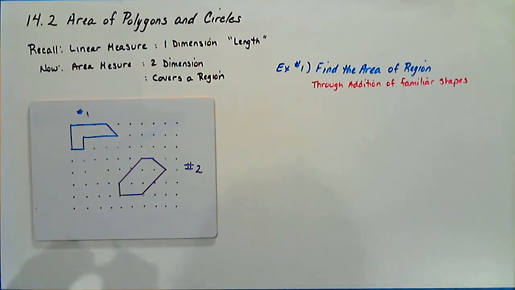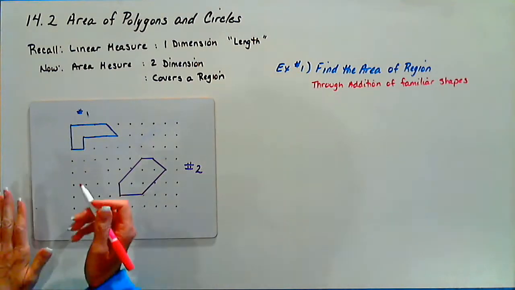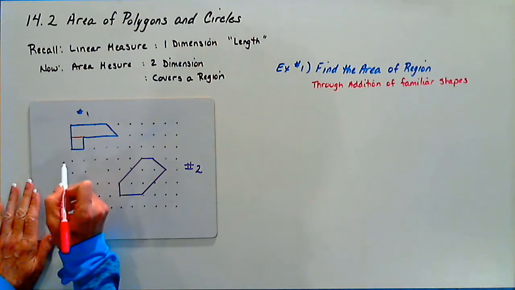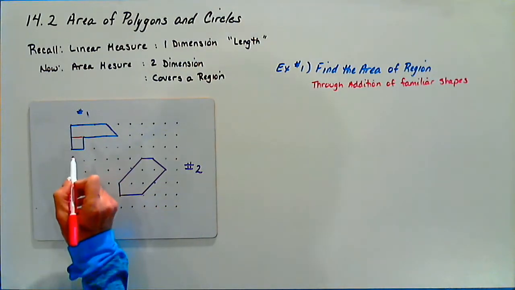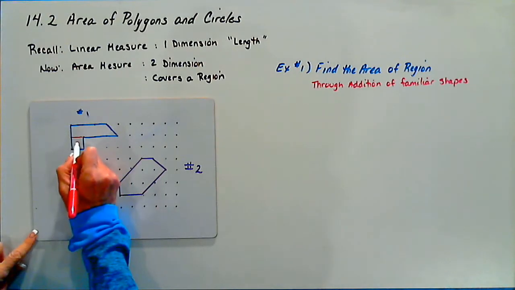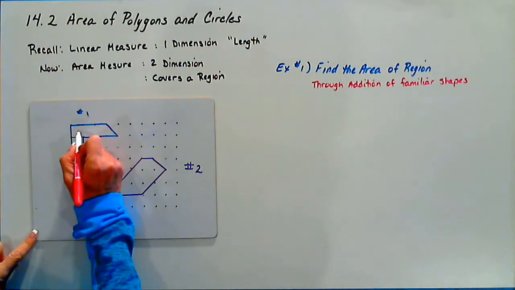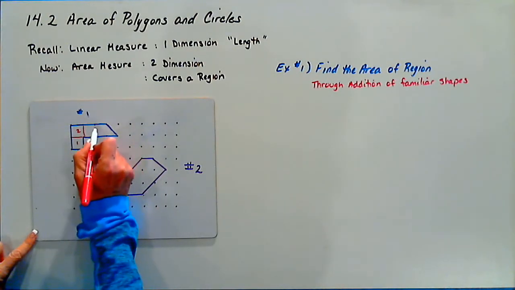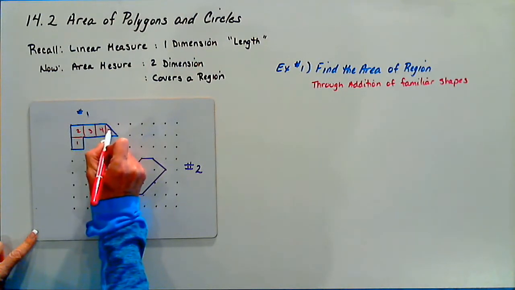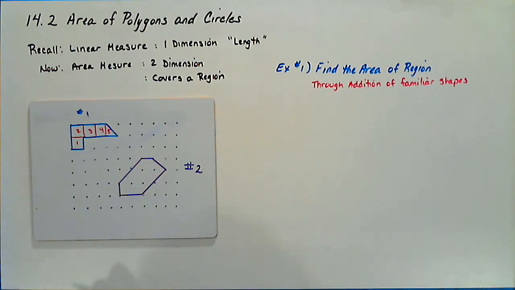So I'm going to subdivide this. As a student, I might recognize a couple of things going on here. If I put a line right here, and call this region 1, and do the same thing, breaking this down very small to begin with, I might see that I have 5 different regions that I could add together.